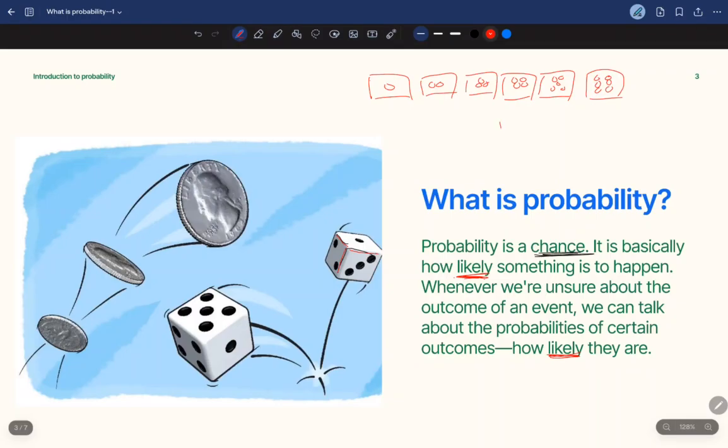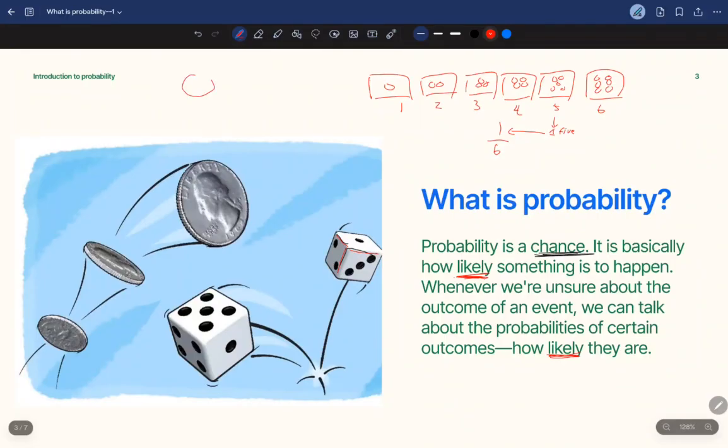It would be 1/6, because out of the total 6 outcomes, there's only one 5. That one 5 goes on top, and all 6 outcomes go to the denominator.